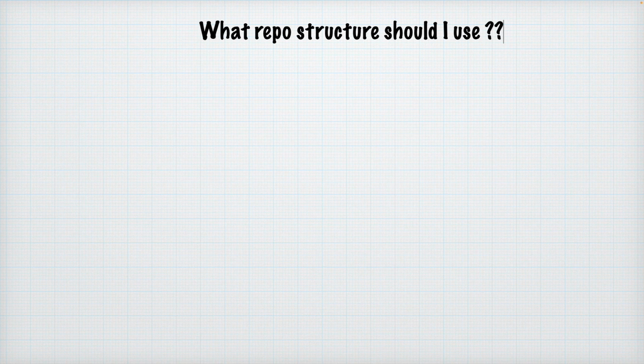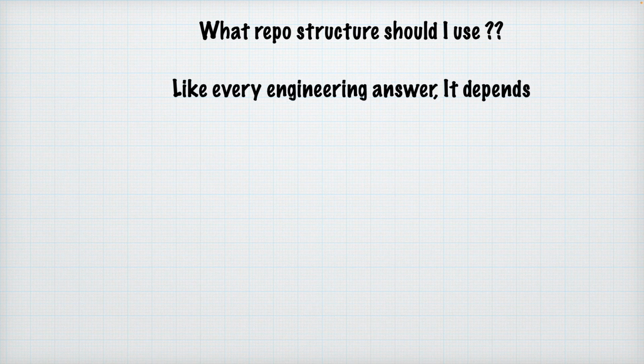So what repo structure should I use? Well, like every engineering question, it depends. It depends on the skill level of the team, the resource allocation within the team, how much DevOps resource you have, and how much time you have to learn the tools for Monorepo. Do you have best practices in place like unit tests?